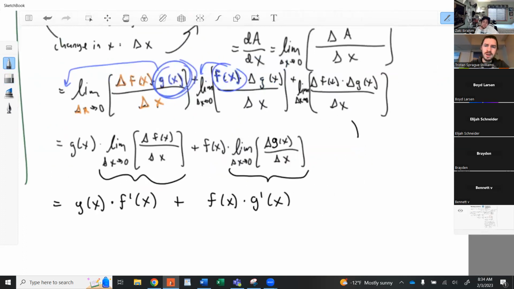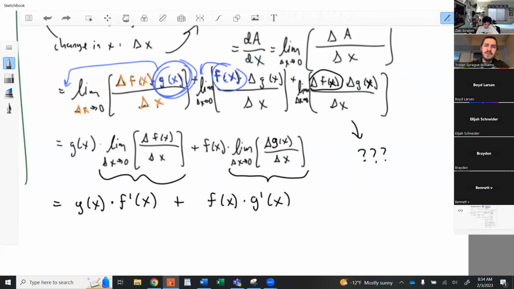But the last one is a little bit weird because it's got a change in f times a change in g. If it was just this, that would be f prime, but it's not just that. If it were just this, it would be g prime, but it's not just that.